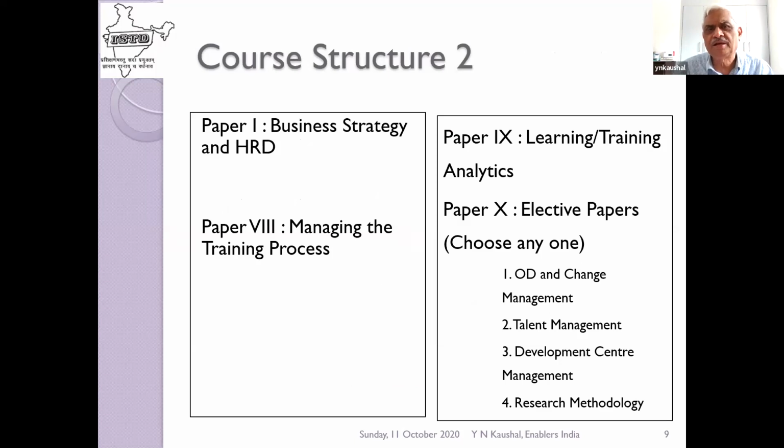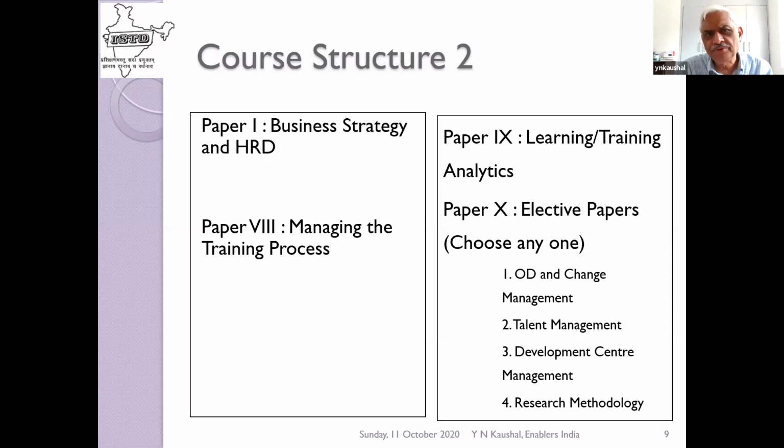Because it should not happen that business strategy is going in one direction and the training strategy is not bothered about the business strategy. Now, how do you really contribute to improving the organization's performance, individual performance, group performance and all that.